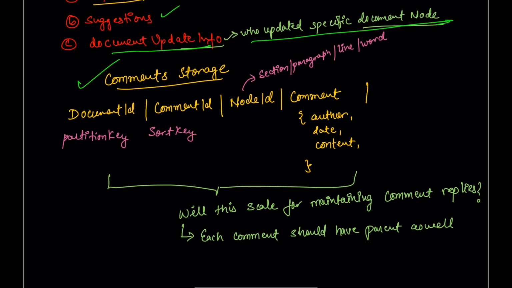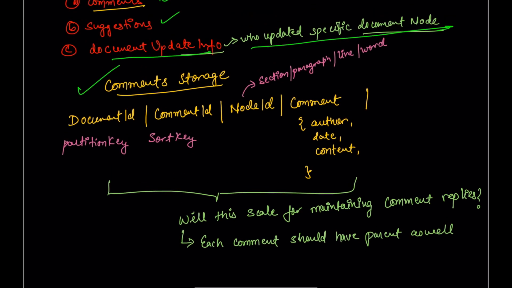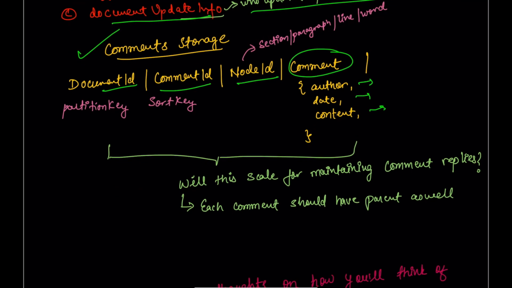Okay, so finally, around comment storage, I just took this example of how you can actually store the comments: you have document ID, then you have comment ID with the specific node this comment is associated to, and then information related to the comment content. So it is author, date, and the particular content of the comment. Okay, this could be your partition key, this could be your sort key, but definitely if you see Google Docs, right, there is also a use case that a comment has a reply, and that has a reply.